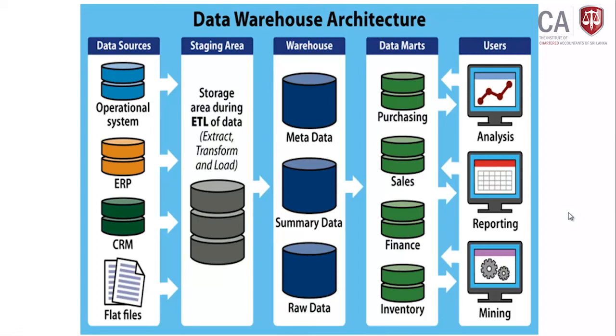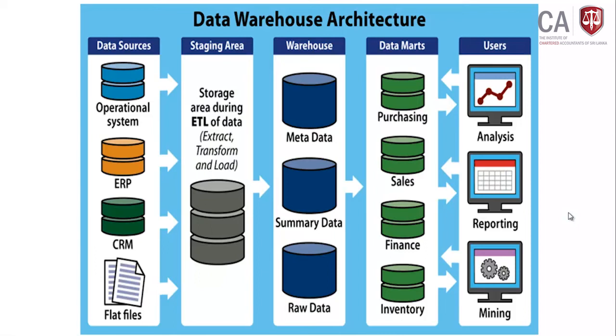So raw data is like this, it has not changed, the errors are not corrected, no normalization is done. Then summarization is done. As for metadata, in the next slide we will talk about this in a good way.